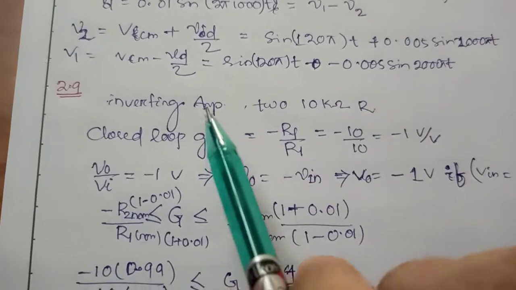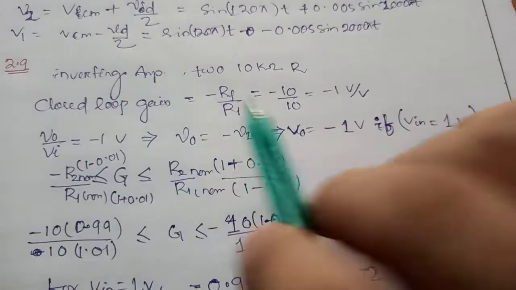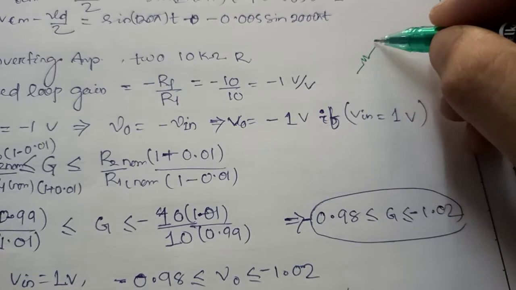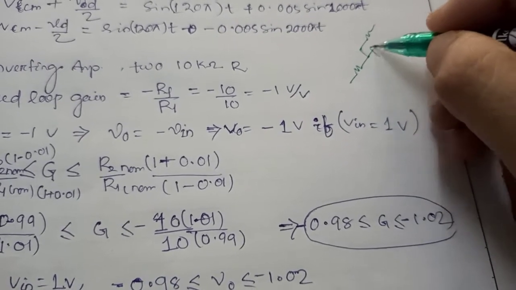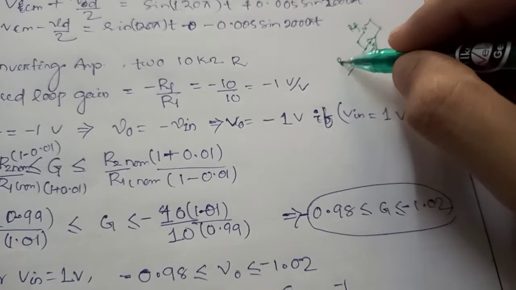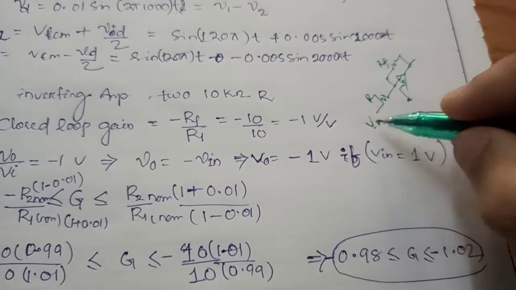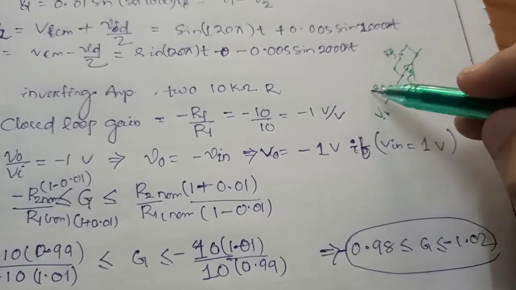Since it is an inverting amplifier and the 10 kilo ohm resistors are given, what will be the closed loop gain? What is the inverting amplifier circuit diagram? This is negative, this is positive. This is RF, this is R1, and this is the input given. So Vout upon Vinput, the inverting amplifier gain, is nothing but minus RF by R1.